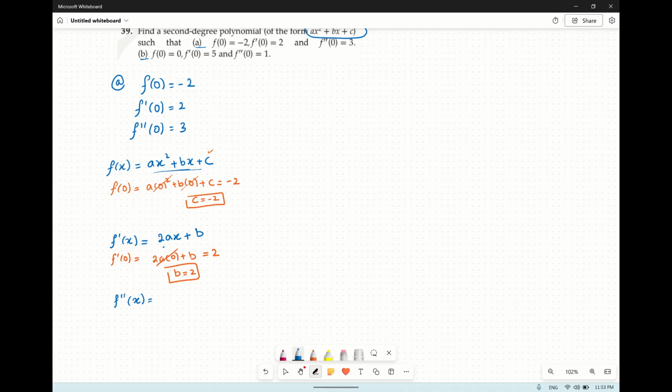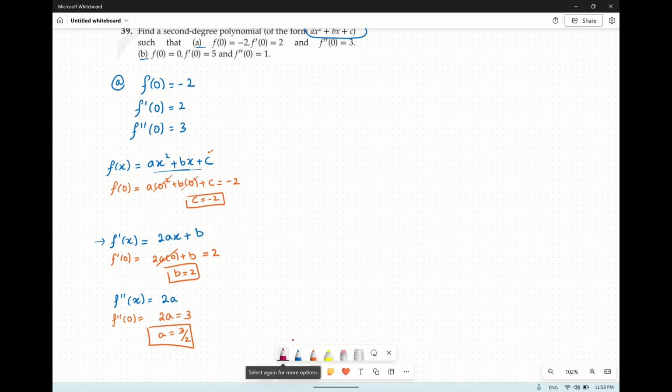So I need to find f double prime of x. So this means I derive this again. What's the derivative of 2ax? 2a. What's the derivative of b? 0. Now f double prime of 0 is equal to 3. There is no x here for me to substitute in it. So this means f double prime of 0 is just 2a equal to 3. So this means a is 3 over 2.